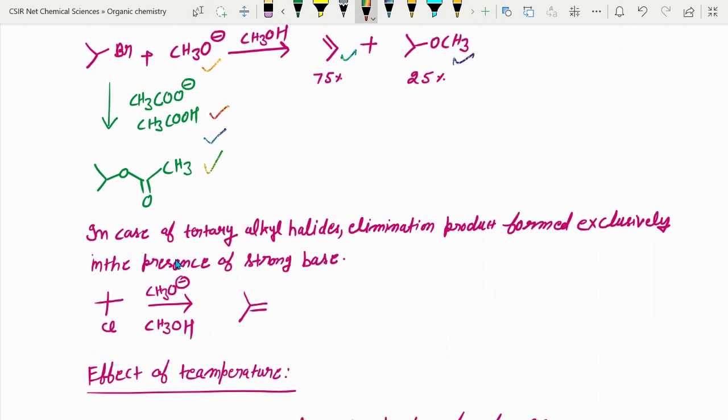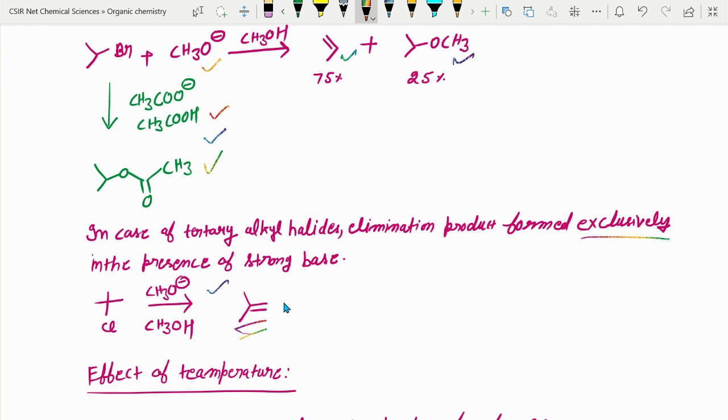Let's discuss a different case. In the case of tertiary alkyl halides in the presence of a strong base, the elimination product is formed exclusively. There will be no possibility of addition product, only elimination product will be formed.